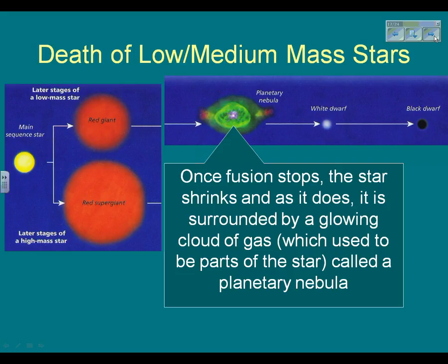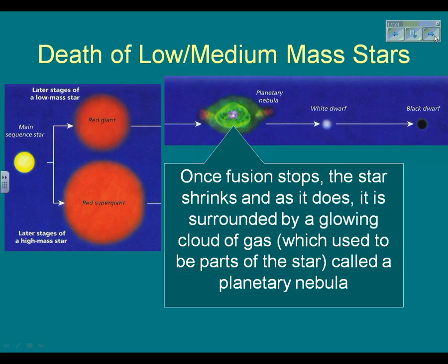What is this hot gas around the dense part? It's material that used to be part of the star, but now it's just the leftover pieces. It's not hot enough to do fusion anymore, so it's not a star, it's just a bunch of junk left over.